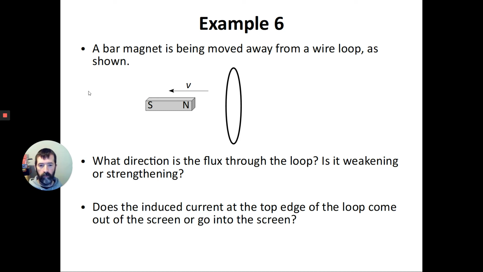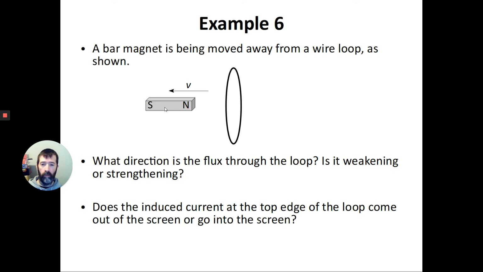Example 6. All right, the first part here asks about the direction of the flux and whether it's increasing or decreasing. The bar magnet's magnetic field comes out of the North Pole, wraps around to the South Pole, and then continues straight through.